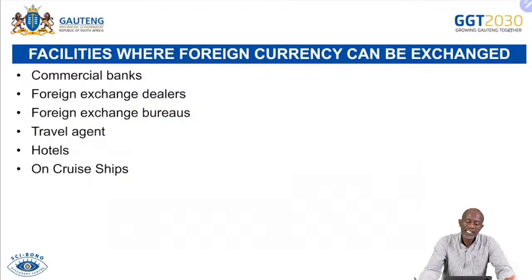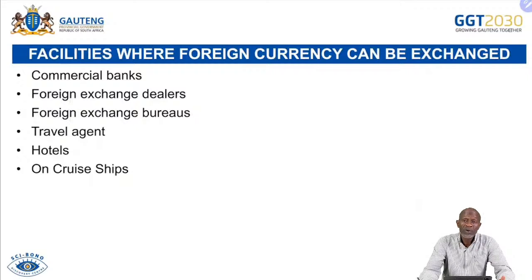Here are your facilities where foreign currencies can be exchanged. That is places where you can buy or sell your money in favor of the other. That can happen at commercial banks. You can also exchange your currency from foreign exchange dealers.